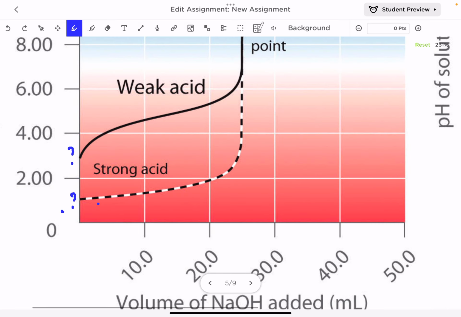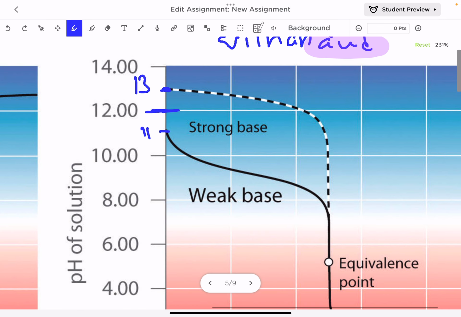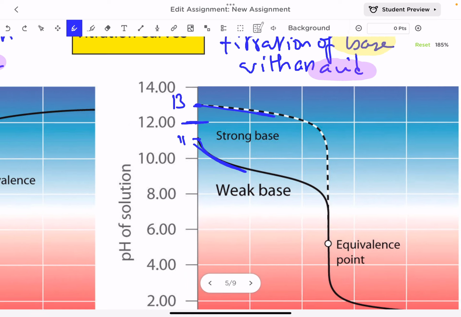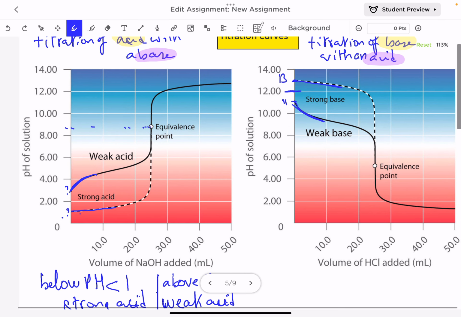Second, is it going almost as a straight, increasing line, or is there a jump? So here again, is there a slight drop or is it going as a straight line? Because if there is a slight drop or slight jump, then we are dealing with a weak substance. And the third thing, you look at the equivalence point.